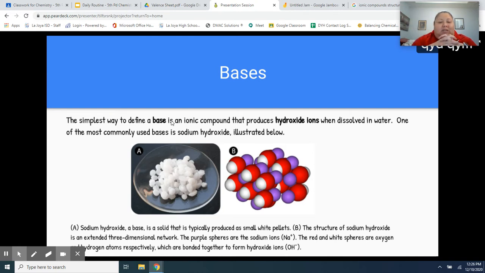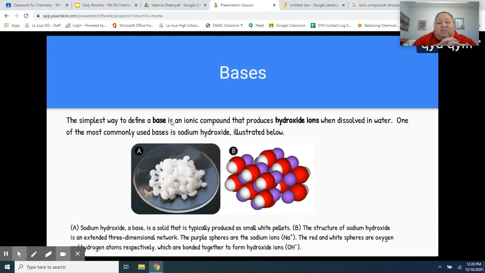One of the most commonly used bases is known as sodium hydroxide, and it's shown below in pictures A and B. In picture A, sodium hydroxide, a base, is a solid that typically produces small white pellets. In picture B, the structure of sodium hydroxide is shown as an extended three-dimensional network. The purple spheres are your sodium ions.